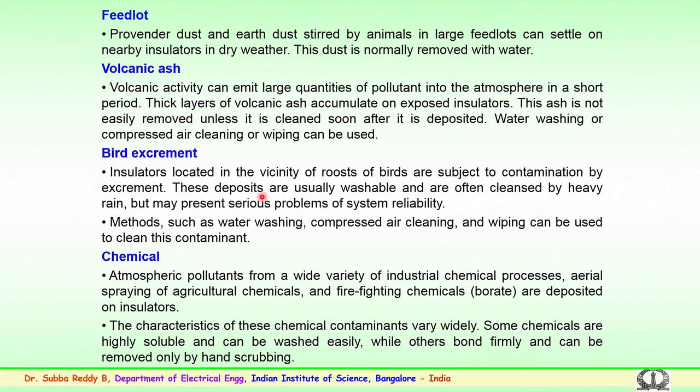These deposits are usually washable and are often cleaned by heavy rain, but may present serious problems of system reliability. Methods such as water washing, compressed air cleaning and wiping can be used to clean these contaminants.